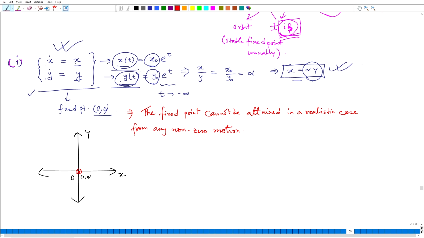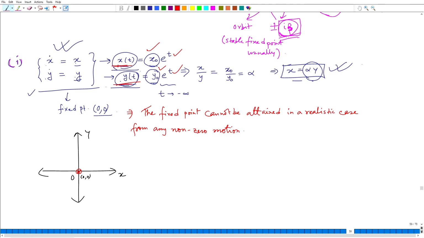Now, if you prepare the system at its fixed point, that means you force x to be 0 and y to be 0, imposing x 0 is 0 and y 0 is 0, then even as time changes, x and y will remain 0. So, there is no motion since the system is initially prepared at its fixed point.